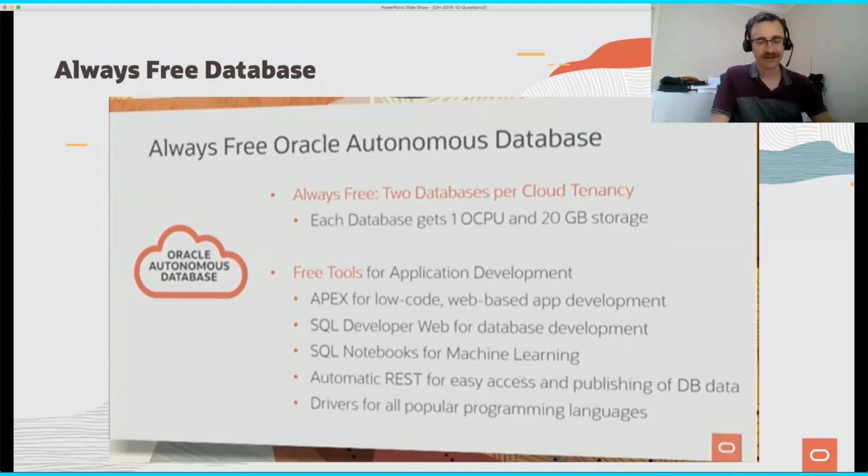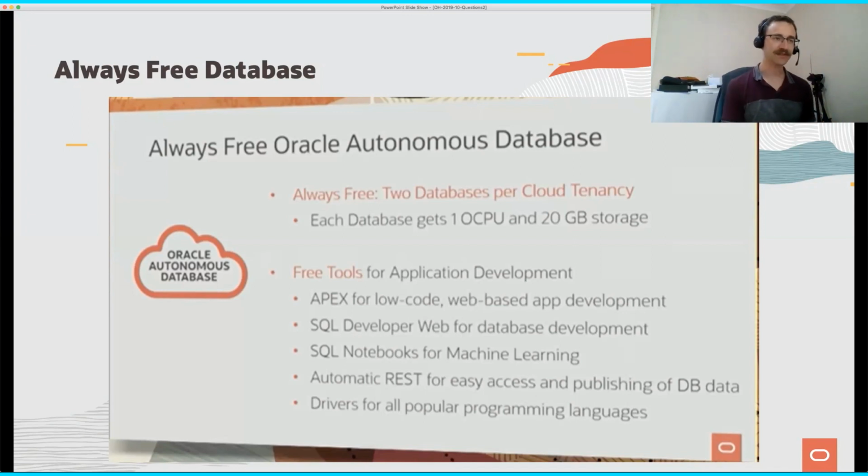That said, Autonomous is cloud, and there can be networking connectivity issues in various places for good and bad reasons. So having your own local instance of XE means you can just get up and running and do whatever it is you want to do without having to worry about, am I able to connect to this network, or am I in some remote location, or am I on a plane where I can't get any Wi-Fi at all?